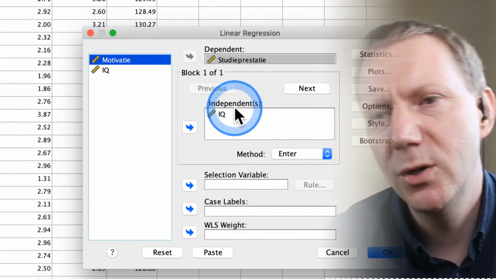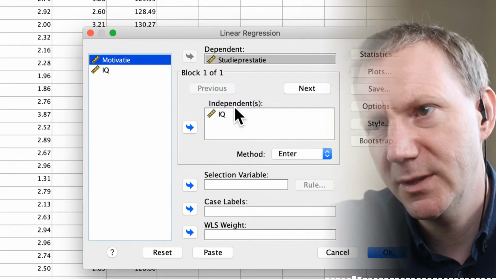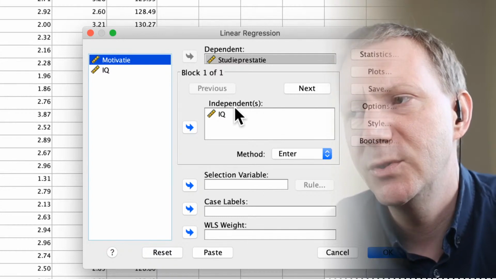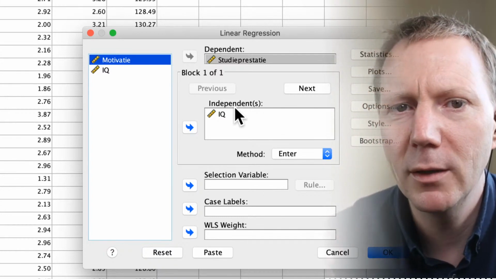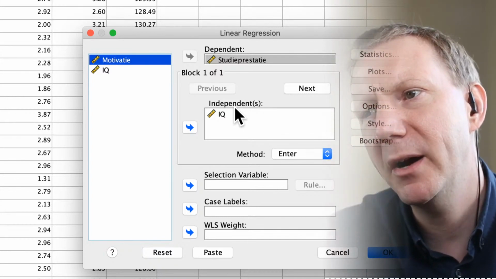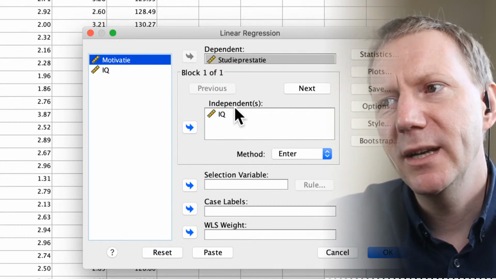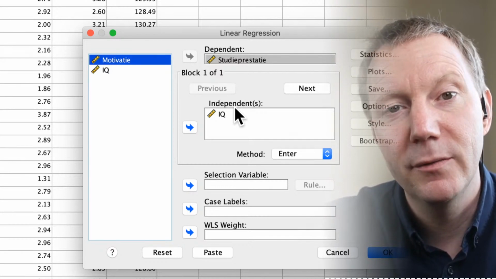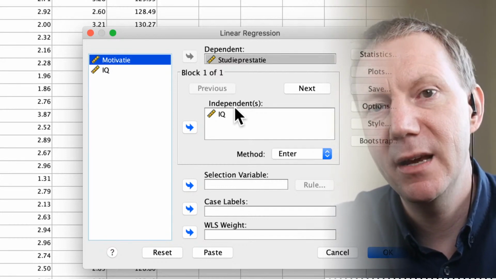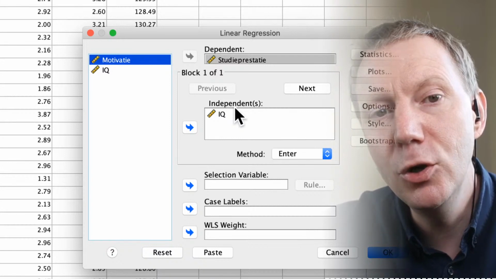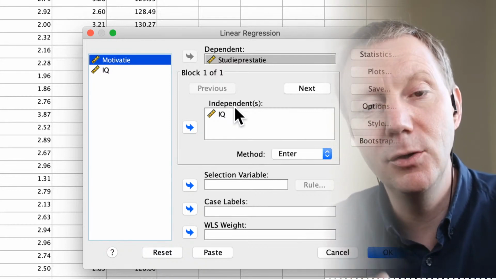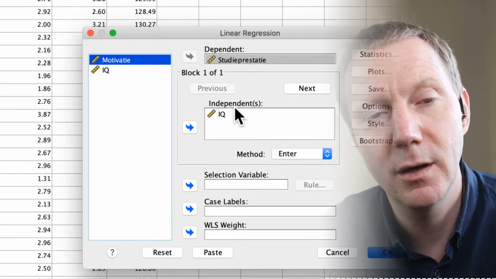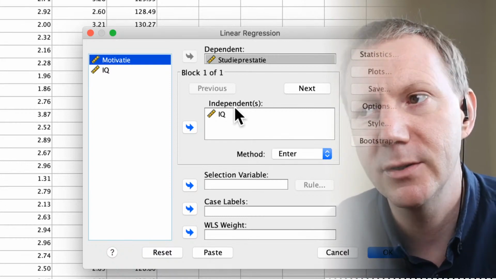What this box does is offer you the opportunity to run a few regression analyses where you actually expand the model, add predictive variables, and test if your new model where you added a new variable adds something to the explanation of the variance.